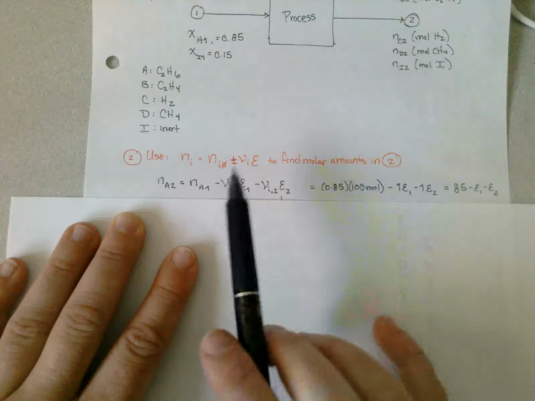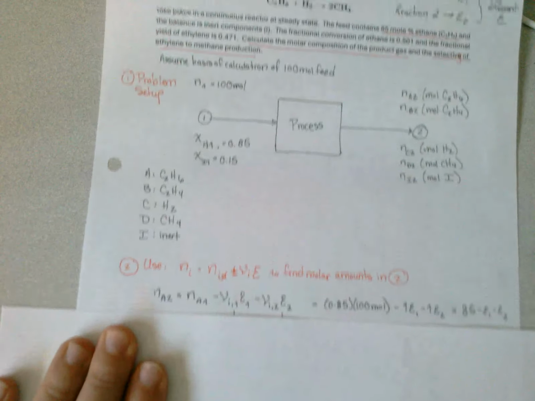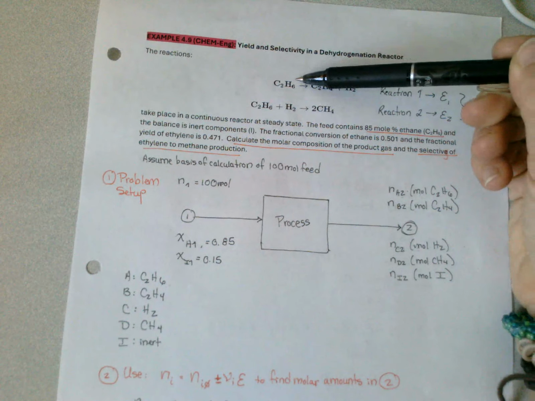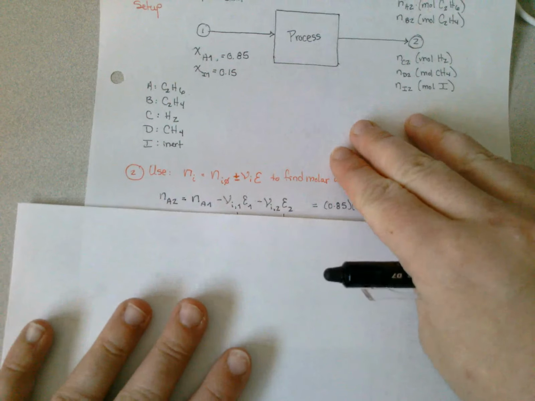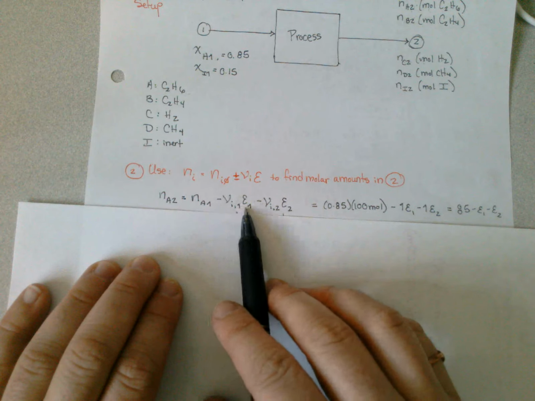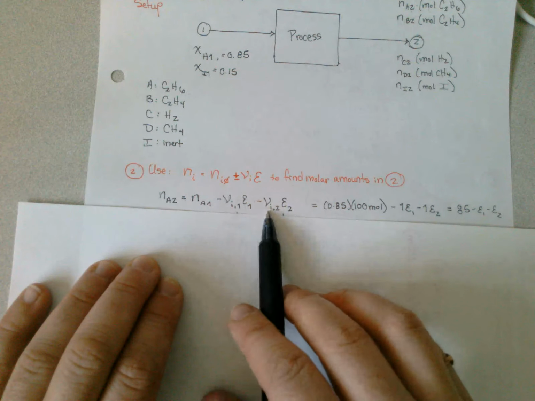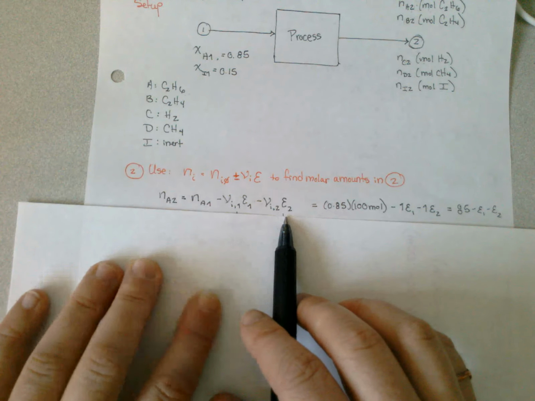Now, in both of our reactions, C2H6 is a reactant. So if you go back up here to our equation, reactant in number 1, reactant in number 2. So what that means is we should have a minus sign in front of our v sub i, E1 and a minus sign in front of v sub i2 and E2 in this case.